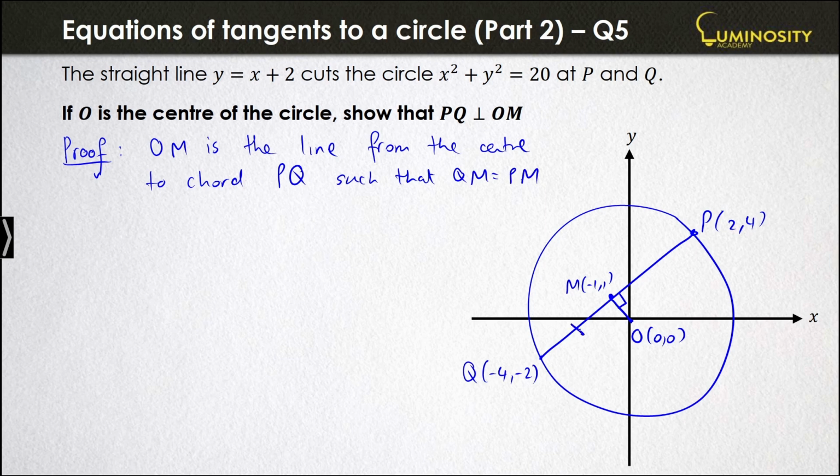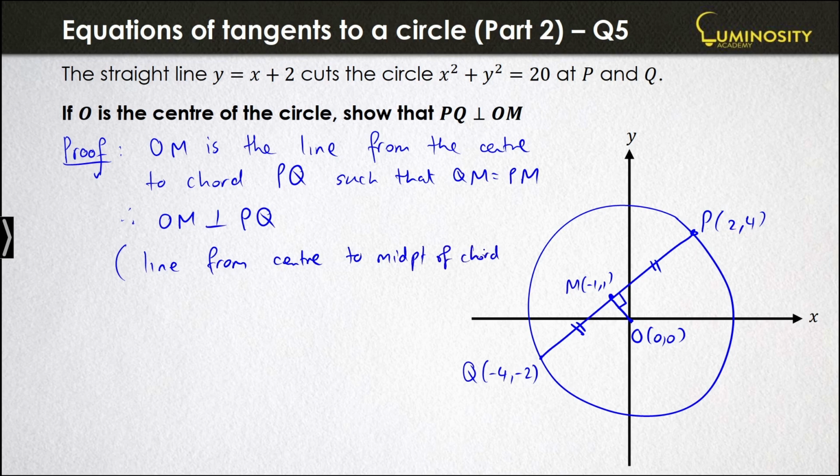So this bisects the chord. So therefore, OM must be perpendicular to PQ, and the reasoning is line from center to midpoint of chord implies it bisects the chord.